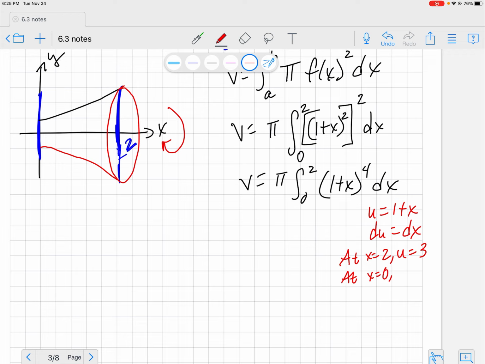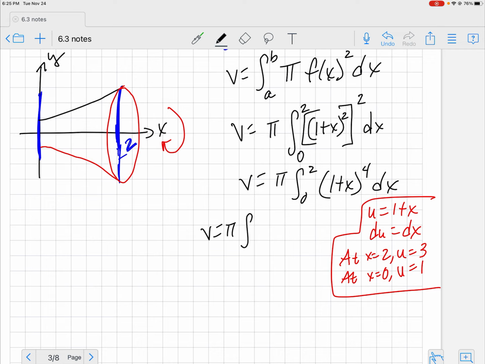At x is equal to 0, u is 1. So those are my new bounds. Now, I have my volume is equal to pi, and I'm going from 1 to 3 of u to the 4th du. Now we can integrate that little beauty all day long, right? So let's do it. I've got pi. If I add 1 to that, I've got 1/5 u to the 5th, and I'm taking that from 1 to 3.